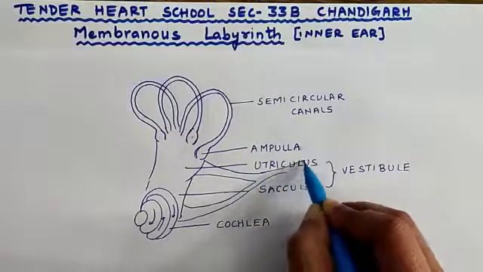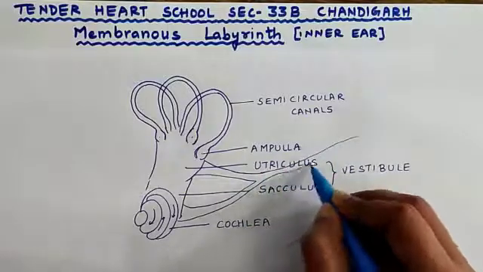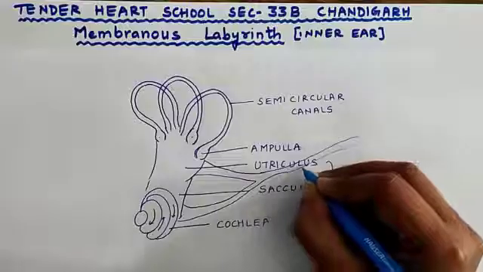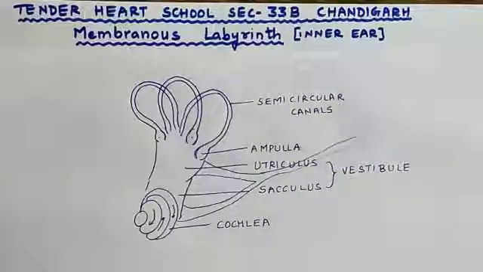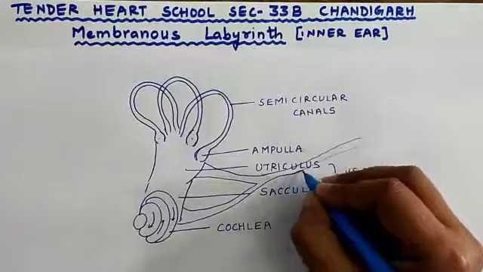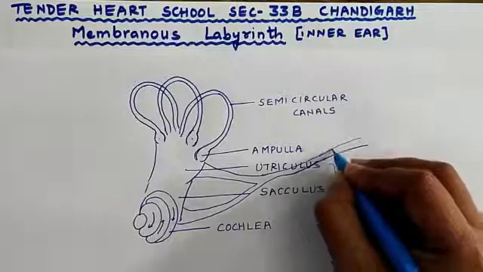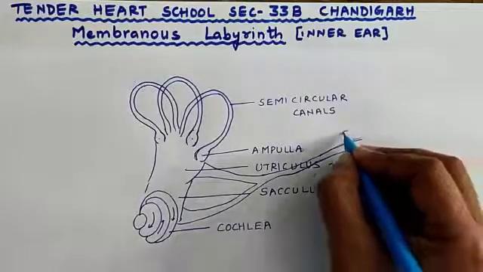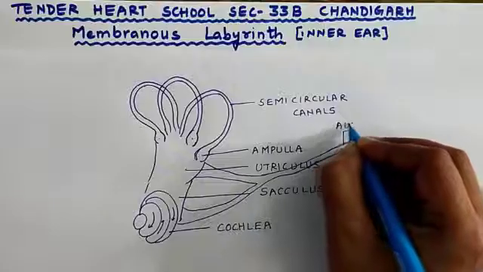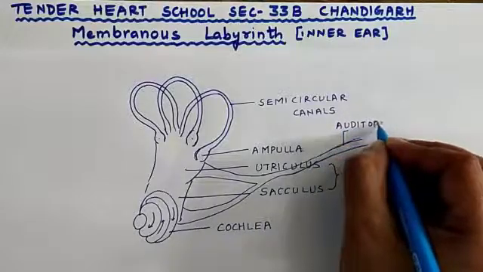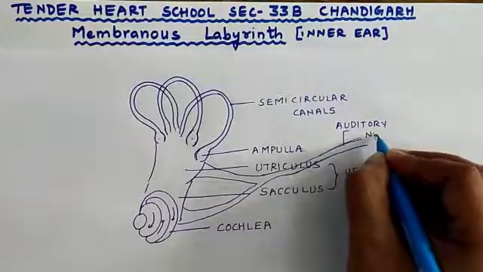And this auditory nerve is going to the brain. It is taking the nerve signals to the brain. So this is your auditory nerve.